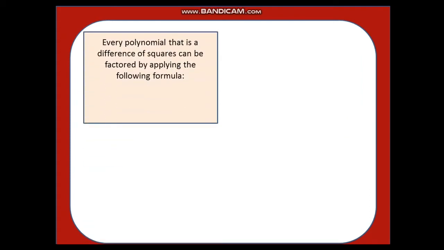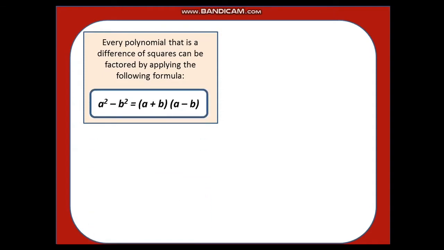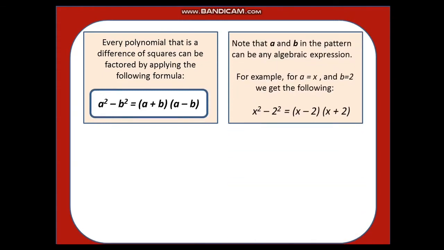Again, every polynomial that is a difference of squares can be factored by applying the following formula. So you have to take note of this formula again. Now, a and b in the pattern can be any algebraic expression. For example, for a equals x and b equals 2, we can get the following. x squared minus 2 squared is equal to the quantity x minus 2 multiplied by the quantity x plus 2.